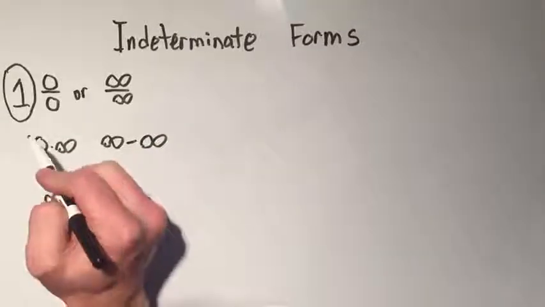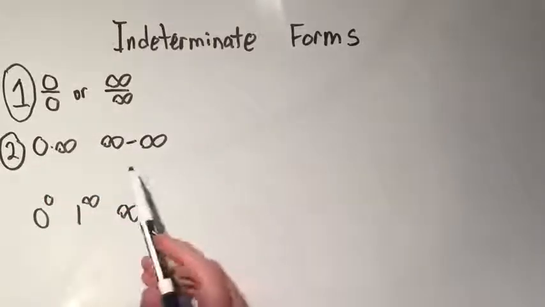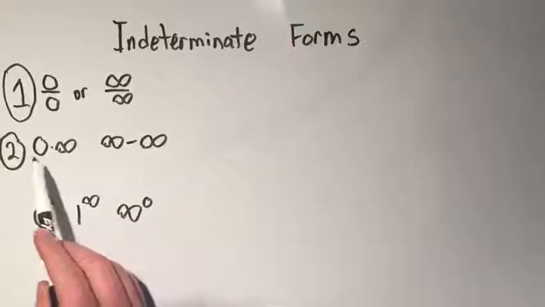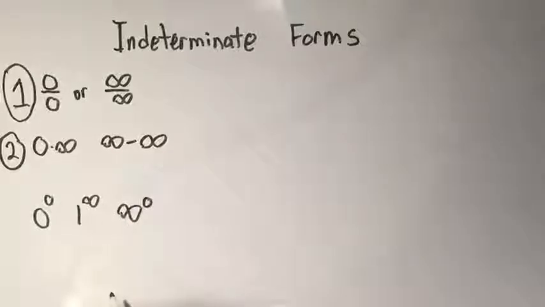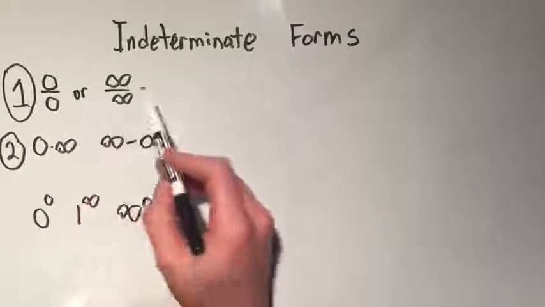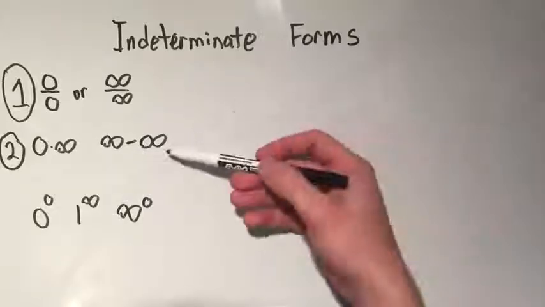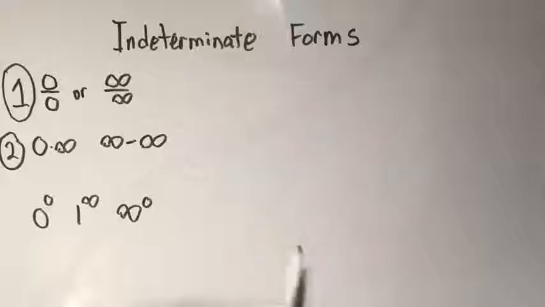The second category is just a little more difficult, and basically you're going to transform 0 times infinity or infinity minus infinity into one of these. Okay, so your goal is to transform the second category into the first category.